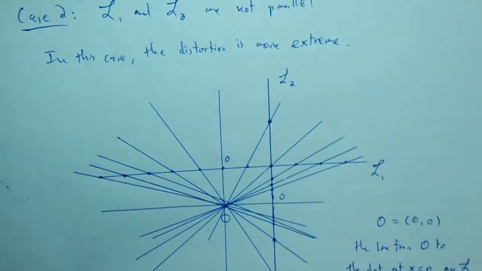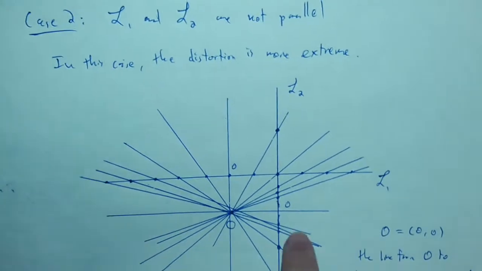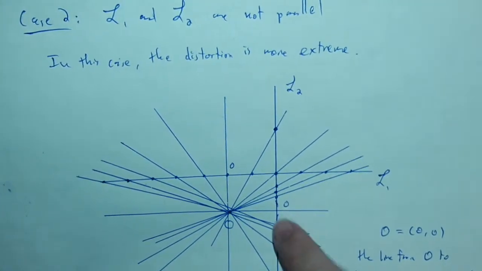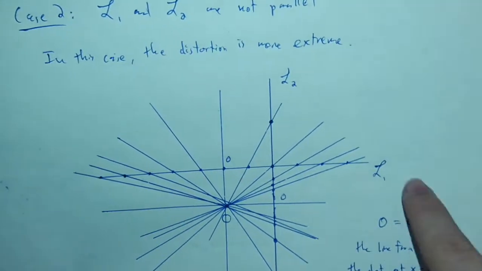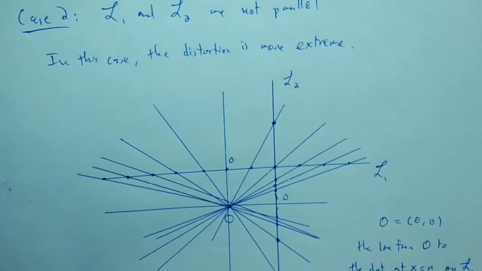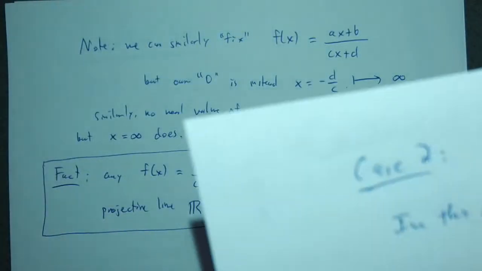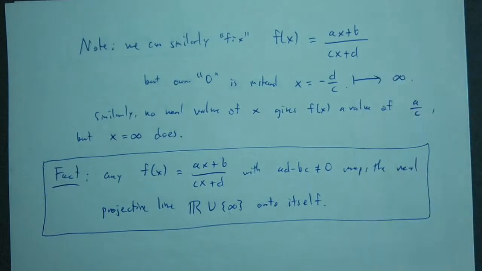What it's actually getting projected to, of course, is the point at infinity. Similarly, what maps to this point on L2 from L1? Well, no point on L1 in this sense, but the point at infinity maps to this zero on L2. And so this is one of the things we saw previously. That's what led us to come up with this description.